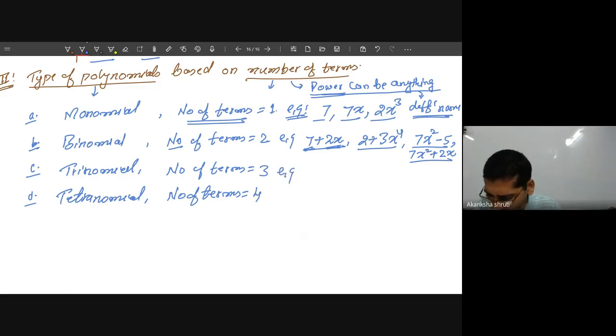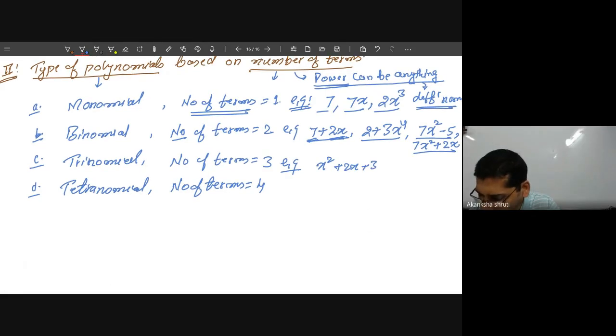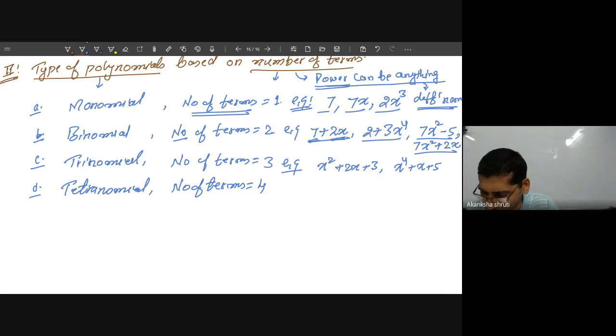Trinomial means it must contain 3 terms. A student, write few examples. So if I am taking x square plus 2x plus 3, it has 3 terms. If I am taking x to the power 4 plus x plus 5, it also has 3 terms. Here the degree is 4, here the degree is 2. So degree doesn't matter.